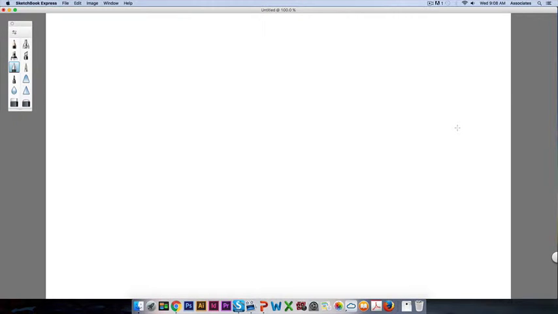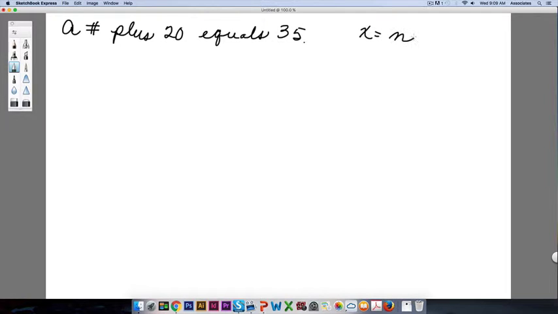All right. So the first one says, let me get back on my slate, a number, and I'm going to just use the hashtag as a number sign, plus 20 equals 35. So the first thing I'm going to do is I'm going to let x equal my number.